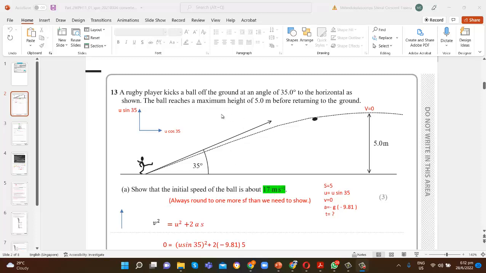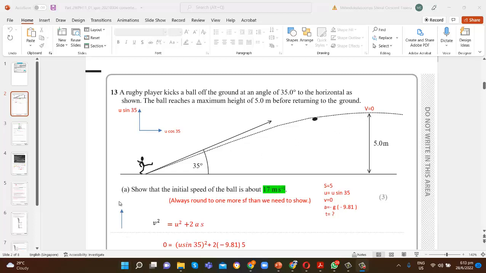First of all you have to write all the data given. S is 5 meters, the height, and U, you have to resolve at 35 degrees and mention the direction, so it is U sine 35. At the maximum point our velocity is going to be 0.